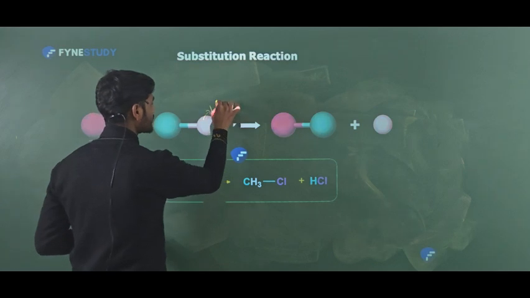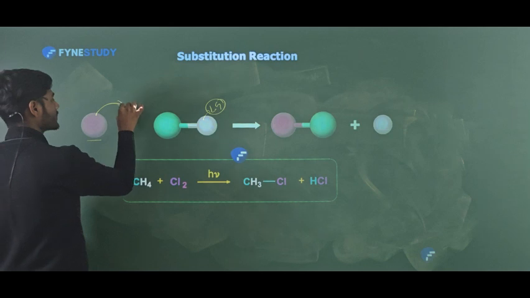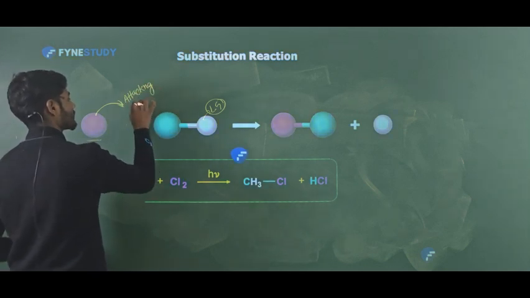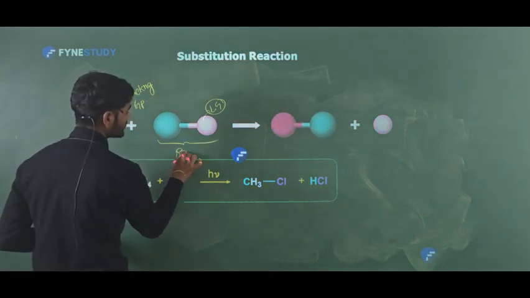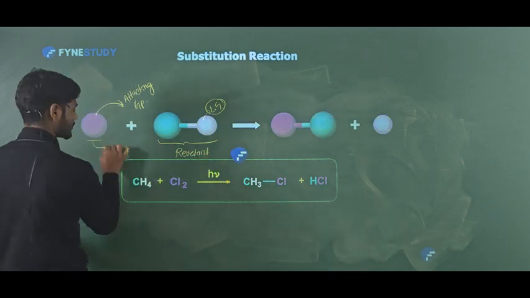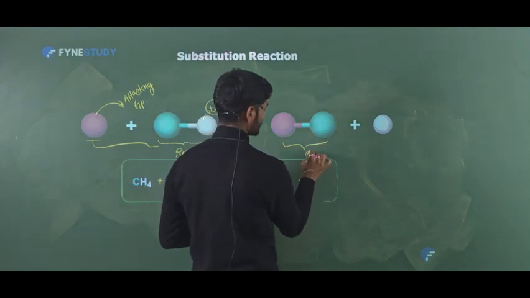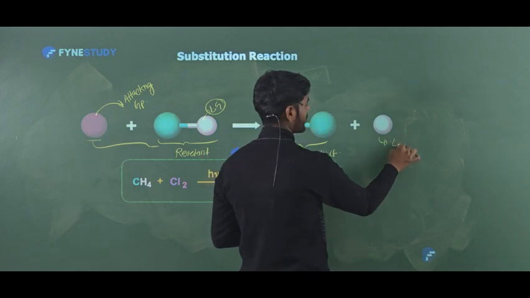This one is a leaving group, and this one is the attacking group. The whole is the reactant, and this one is the product, and this one is the leaving group.